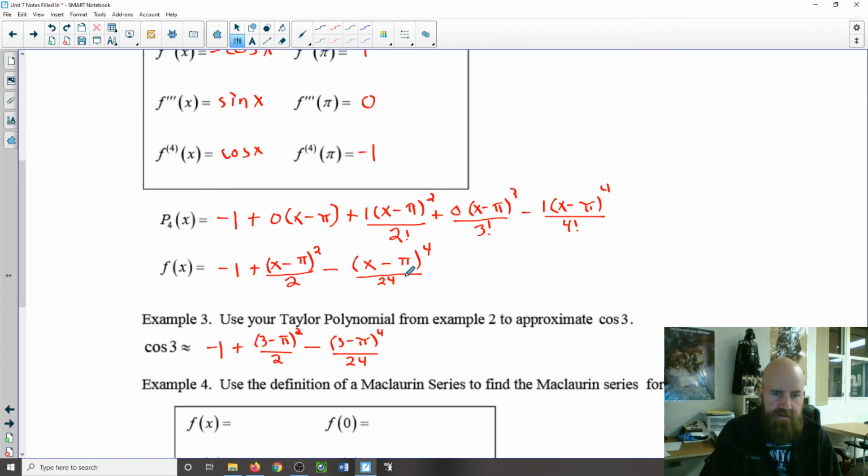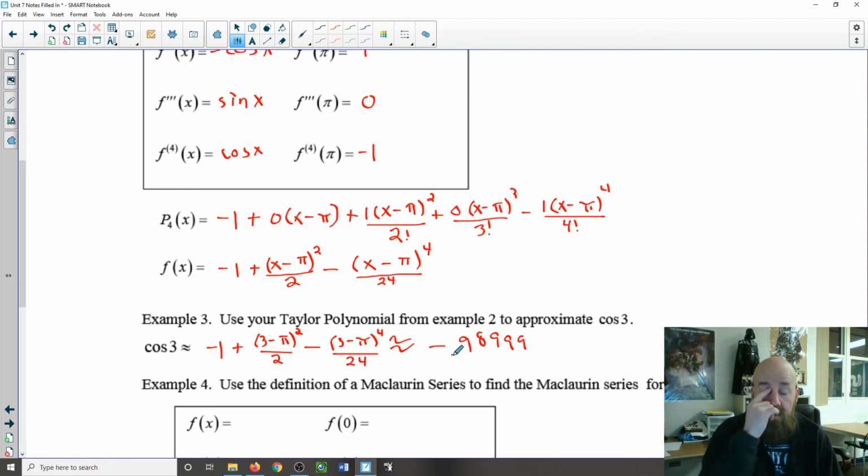We get negative 1 plus... okay, so we should end up with an approximate value of negative 0.98999.